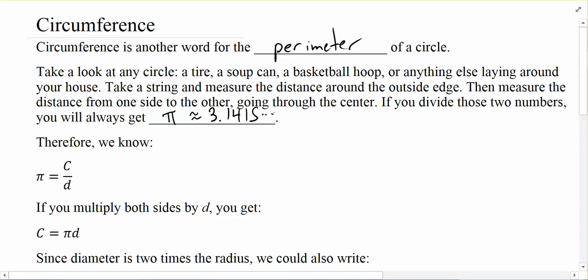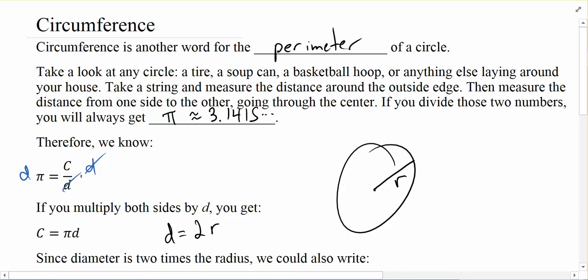Now, if we just multiplied both sides of that equation by d, we'd get a formula for circumference then. Circumference is pi times the diameter. Now we know that diameter is 2 times the radius of a circle.